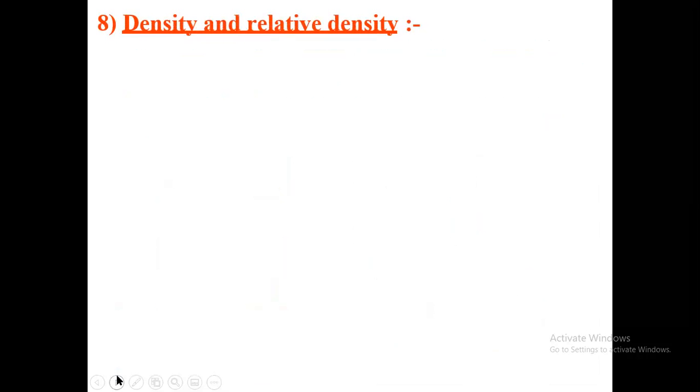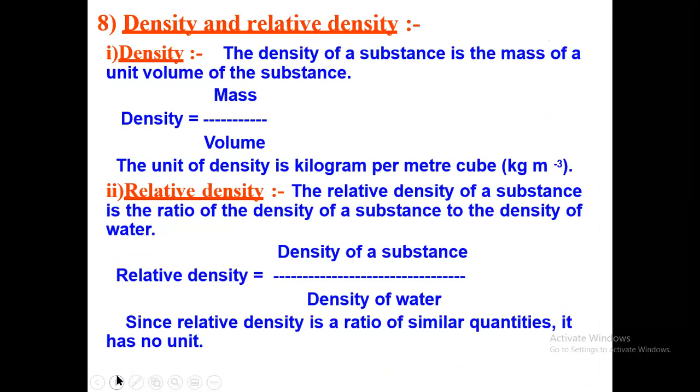Now, density and relative density. What is density? The density of a substance is the mass of a unit volume of the substance. So density is equal to mass upon volume. The unit of density is kilogram per meter cube.